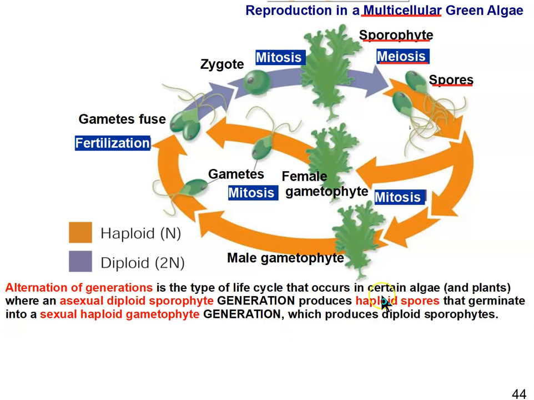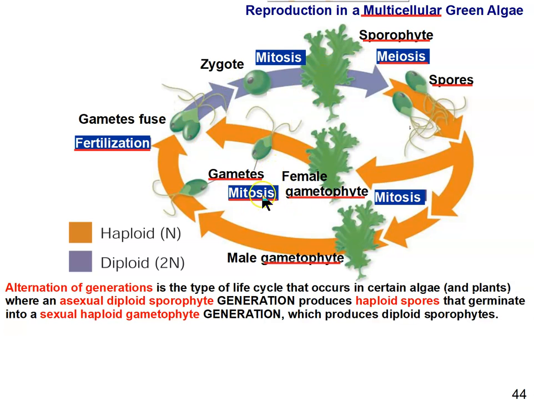And those haploid gametophytes then go on, and again, we're just summarizing now, those haploid gametophytes go on to produce a diploid sporophyte. So they're going to sexually mate, and produce gametes to sexually fuse together at fertilization and produce the diploid sporophyte.